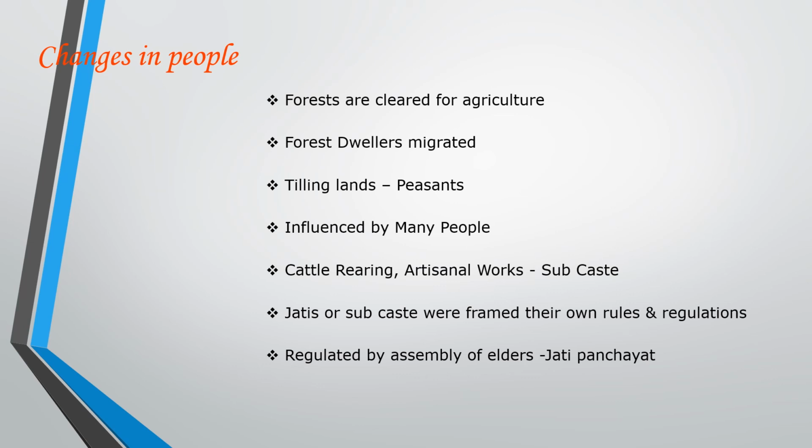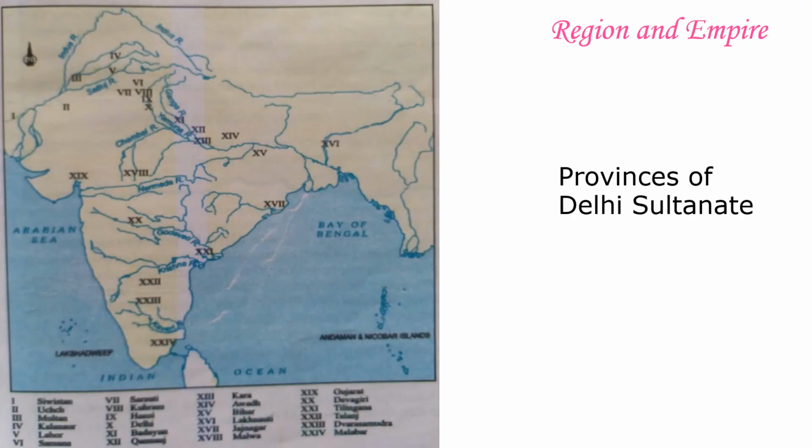So slowly, some people even started cattle rearing and artisan works. From the peasants, a subcaste evolved, and that subcaste was termed jatis. These jatis framed their own rules and regulations, which were formed by an elder of the jati. Those are called jati panchayat.